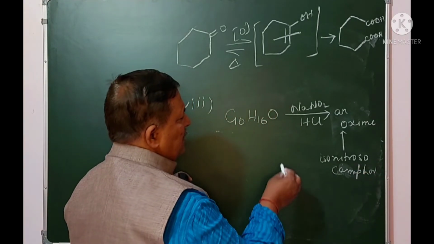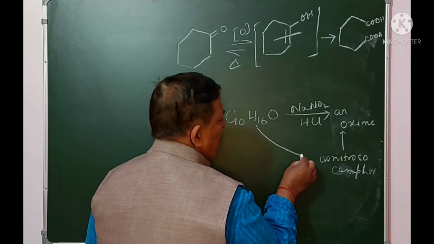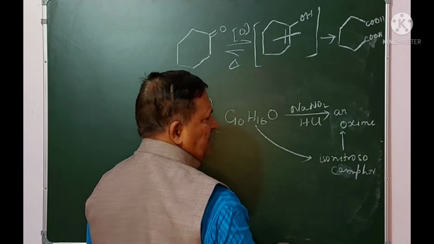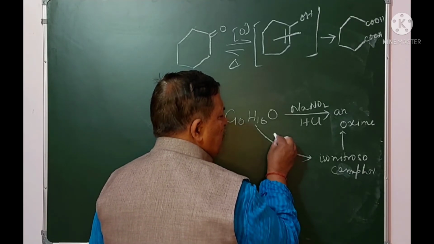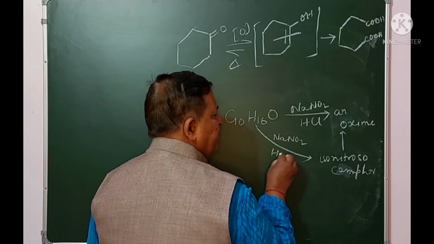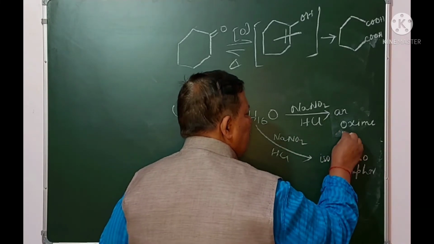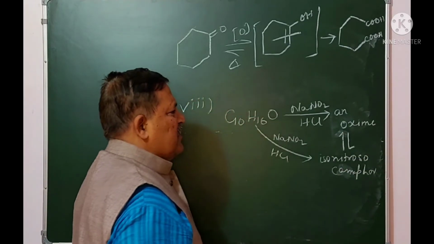So first, camphor is converted into iso-nitroso camphor when allowed to react with sodium nitrite and HCl at low temperature, and on tautomerization it gives an oxime.